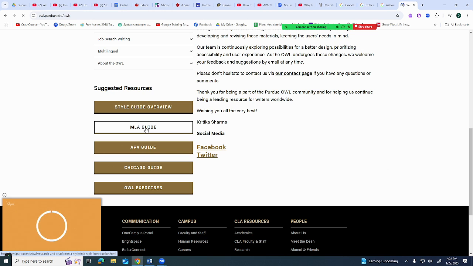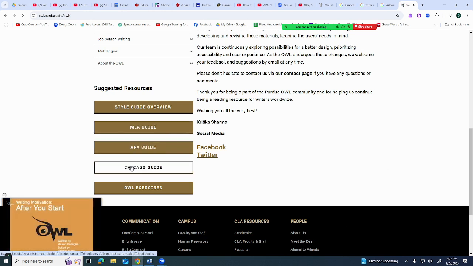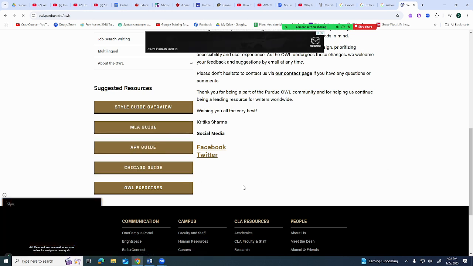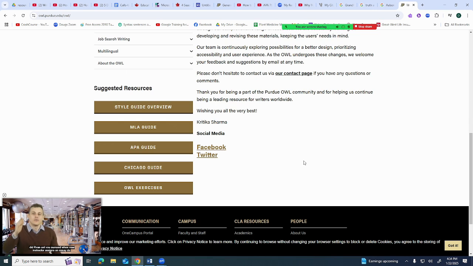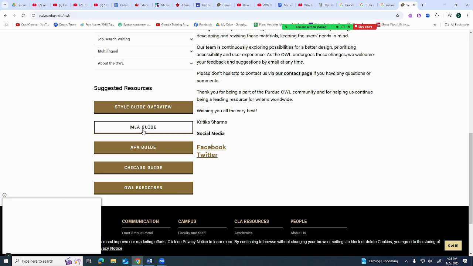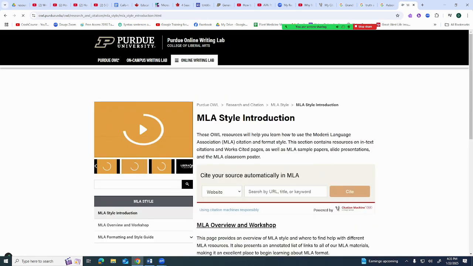There's an MLA guide, an APA guide, a Chicago guide. There's other guides too. They're different depending on what type of course you are taking. Well, we're going to use the MLA guide here, and I'll click on that.